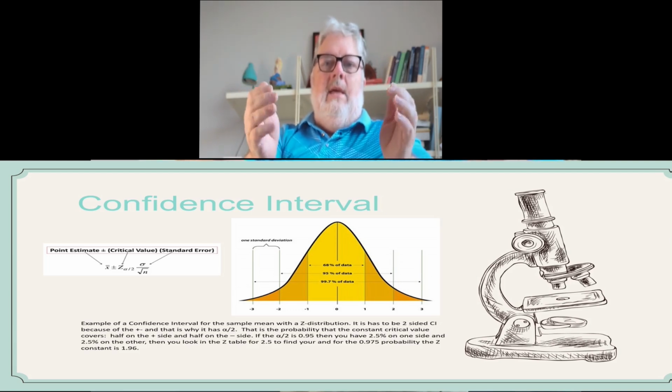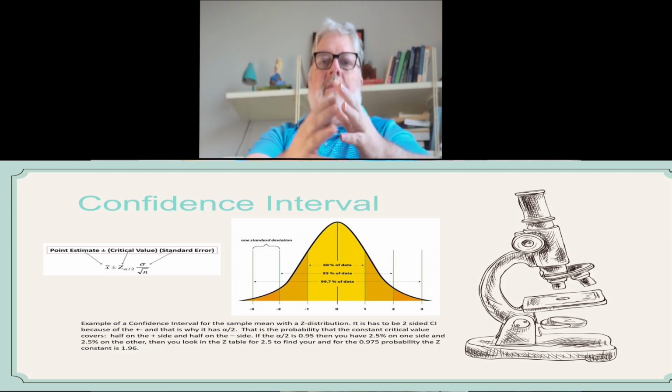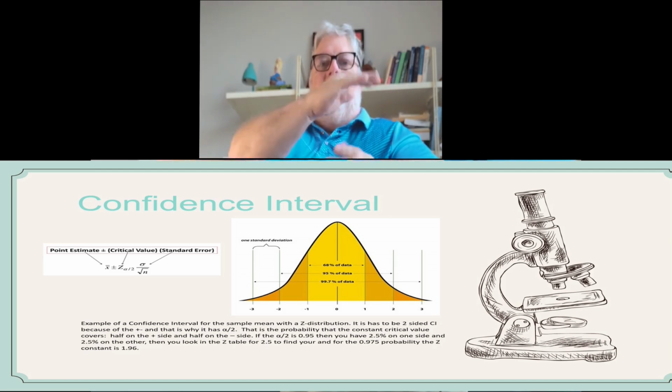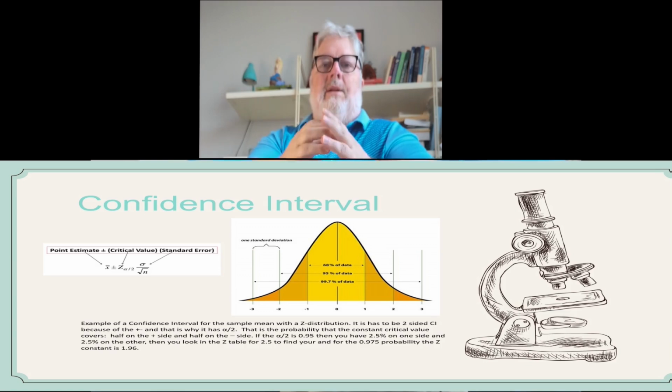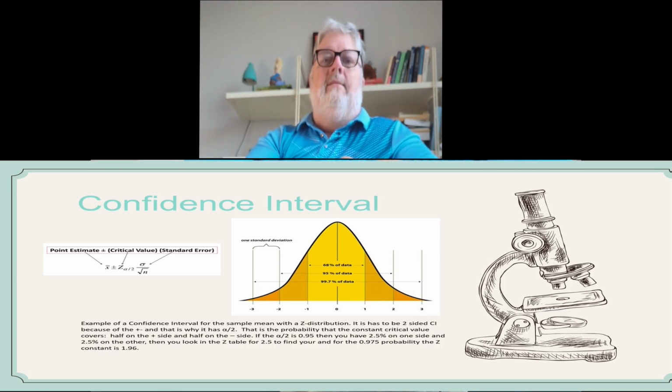So that's symmetric. But when you get to the categorical, then it becomes non-symmetric, and one side is larger than the other side because the distribution you're using is not symmetric. But we'll cover that, that's in another class.